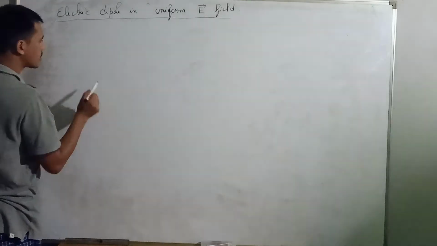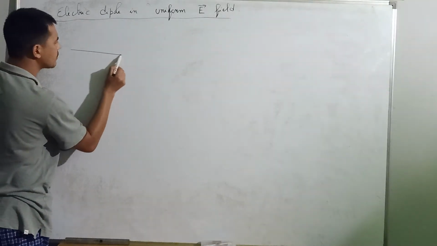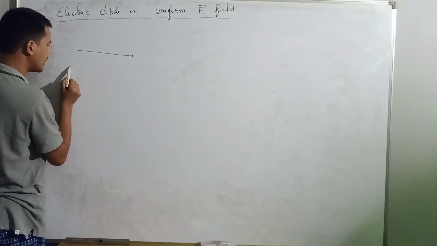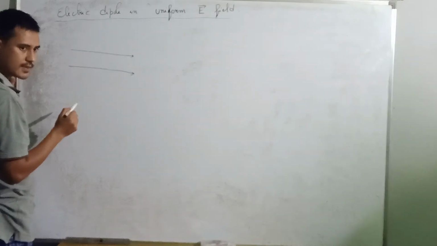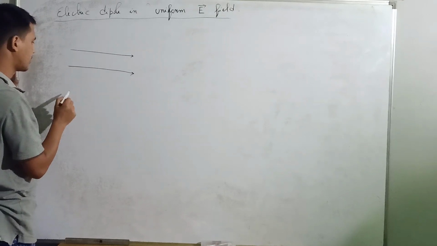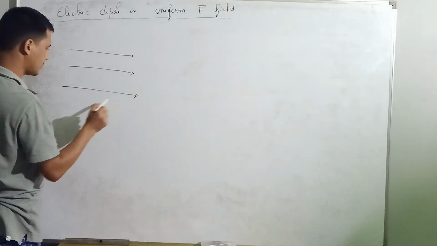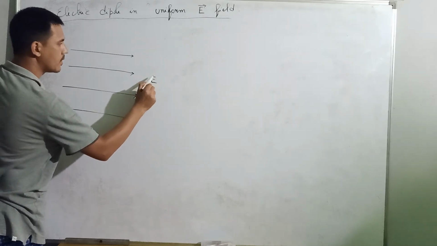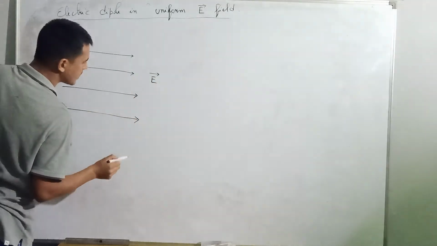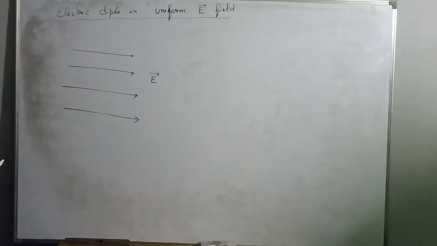So uniform electric field means the electric field lines will be parallel, equispaced and straight. Let's say that this is your uniform electric field E.